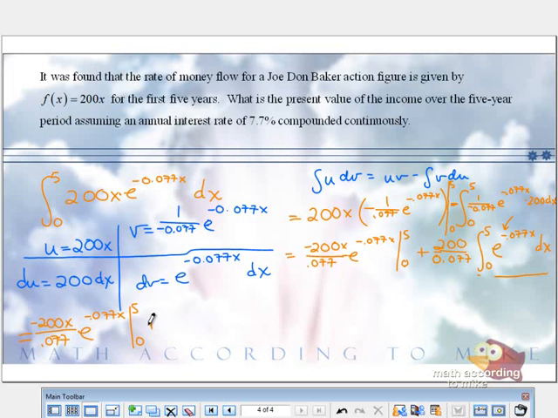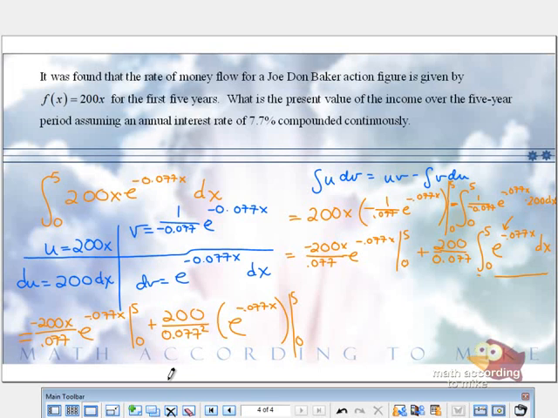Then we're going to say plus 200 over 0.077 squared, and you get that thing back again, where the bounds are 0 to 5.